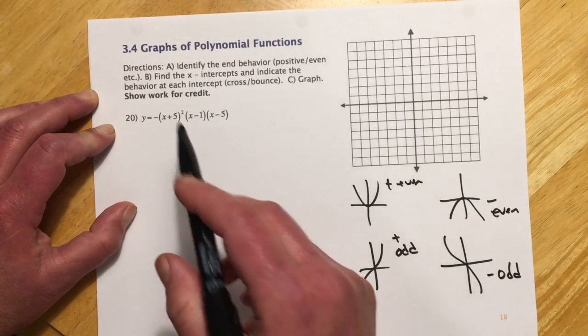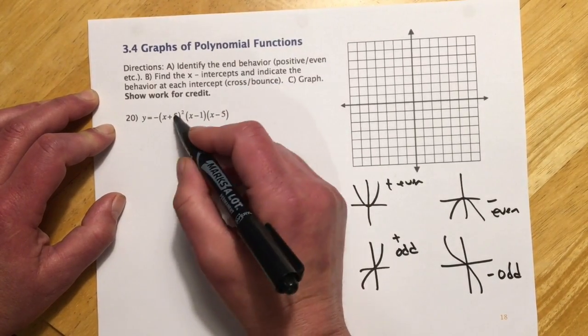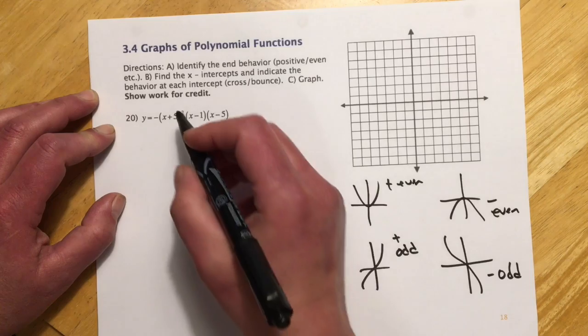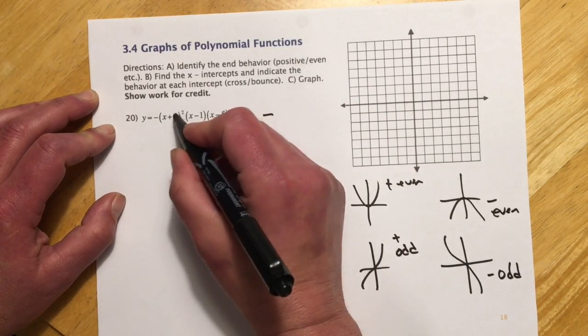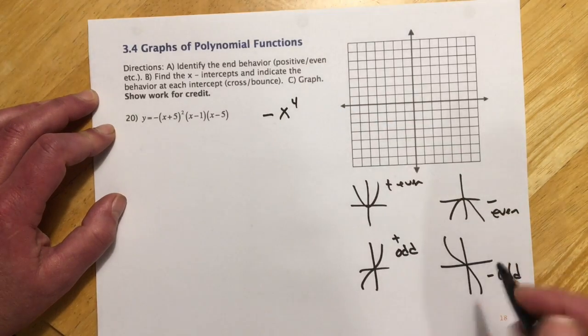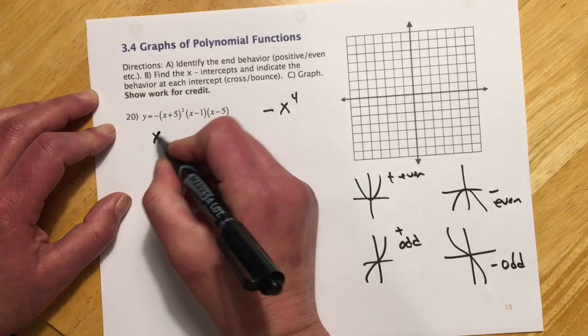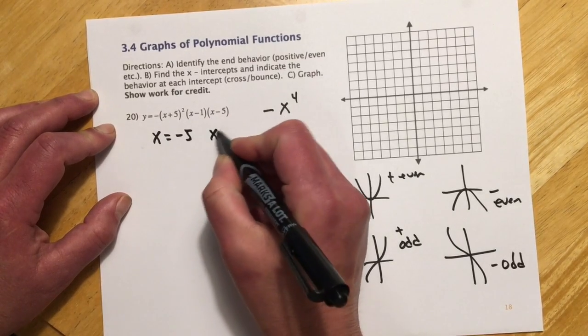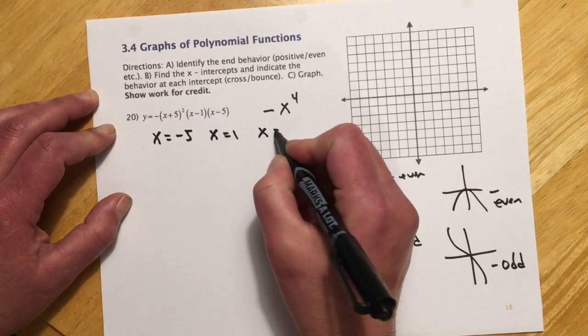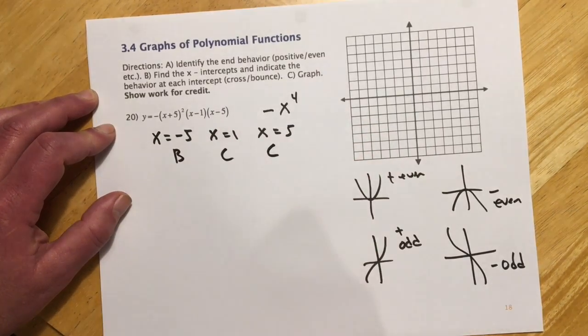And so what we do is we look at our leading coefficient, or if it's factored for us, we can count up our x's and figure out which of these it is. So I have a negative, and 1, 2, 3, 4 x's. So negative x to the 4th, so this should come out being negative even. I have x-intercepts at -5, 1, and 5, and this is going to bounce, cross, cross.